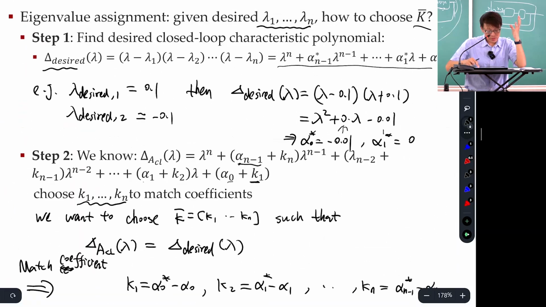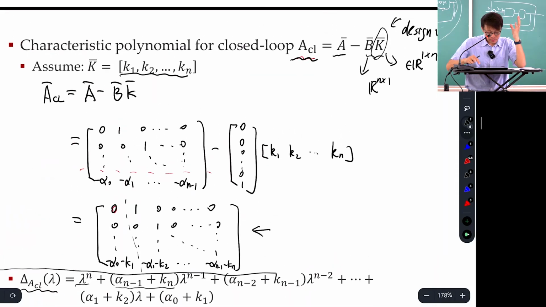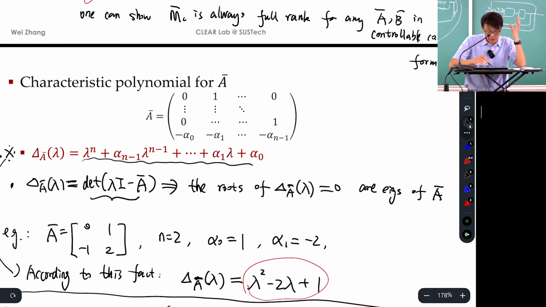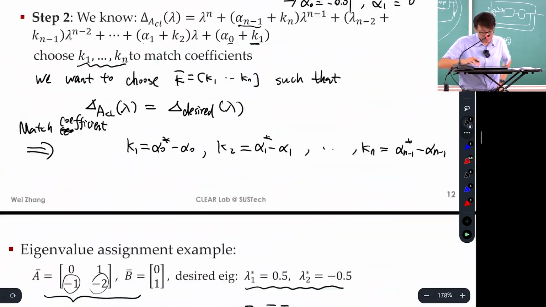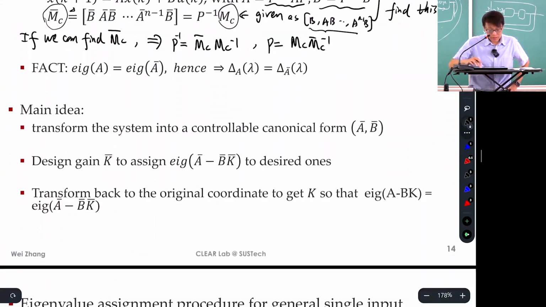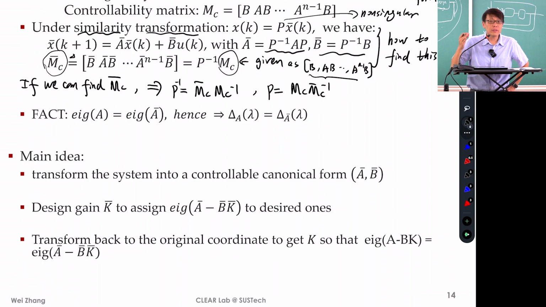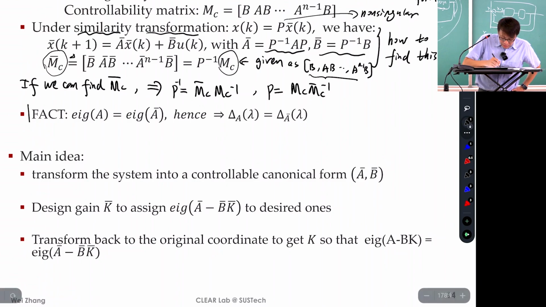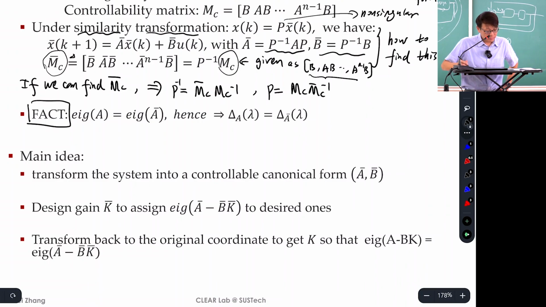The only thing that matters is the last row. As long as we can figure out the last row, we're fine. The last row is given by the characteristic polynomial of A bar. So we rely on this fact.